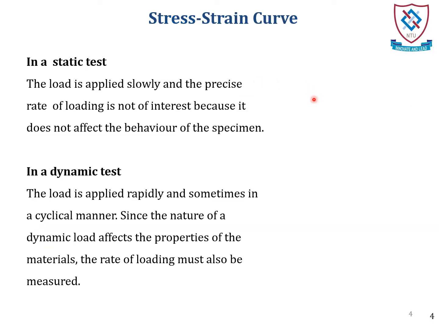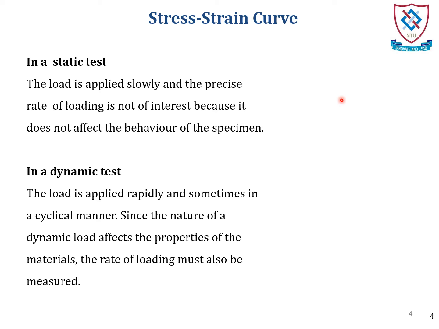There are mainly two types of loads, static load and dynamic load. And we perform two types of testing, static testing and dynamic testing, in order to measure stress versus strain. In a static test, the load is applied slowly and the precise rate of loading is not of interest because it doesn't affect the behavior of the specimen.